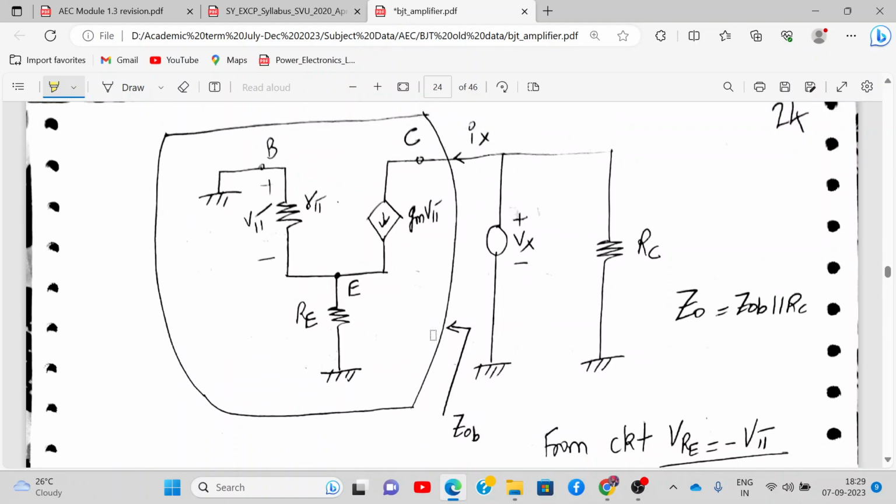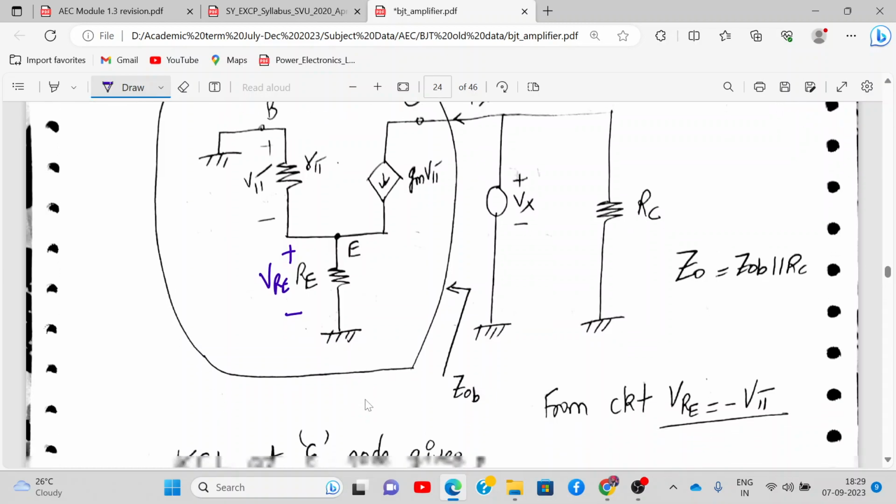So from here, what is VRE? VRE is actually the opposite of V pi, minus V pi, right?